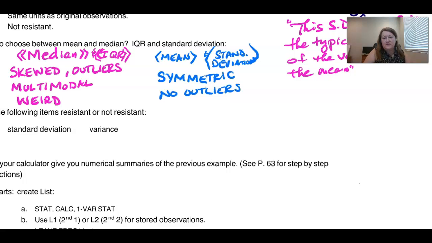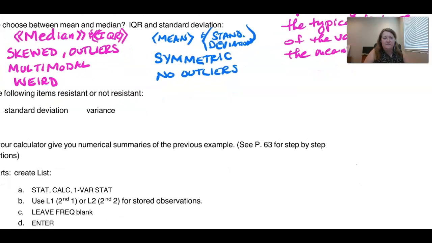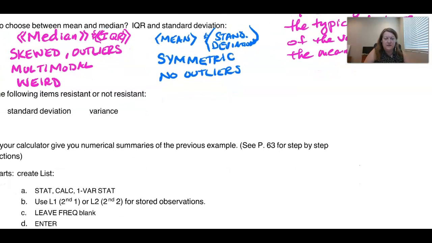Okay, so mean and standard deviation go together. So notice that in order to use mean, there's a very limited number of ways that you would use mean. It's just if it looks symmetric and pretty and no outliers. The second it looks weird in any way, shape, or form, you're going back to 5-number summary to talk about it. Don't keep using mean and standard deviation unless they specifically ask you. It's human nature to want to say average, so we tend to lean towards the blue side. We need to realize that anytime the distribution looks weird, we're going towards the pink side of median and IQR.